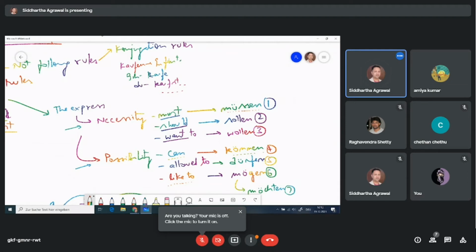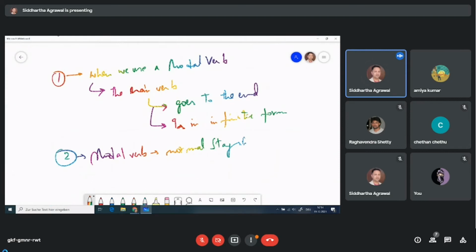And the second rule is the modal verb normally stays in second position. So I'll take up some examples, then it will be much clearer. And for others, it can be a kind of revision.